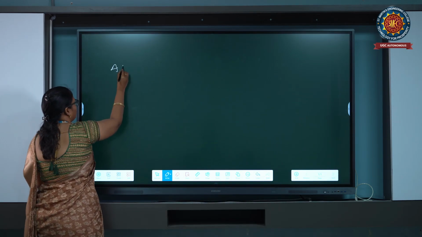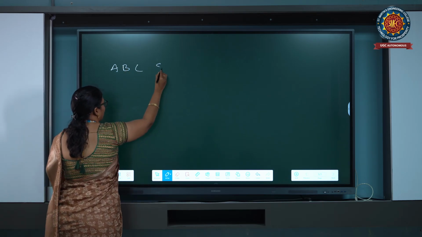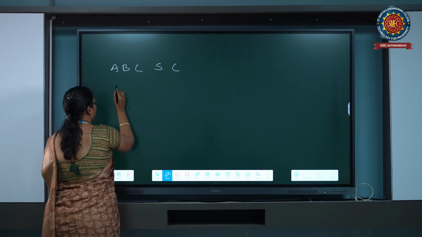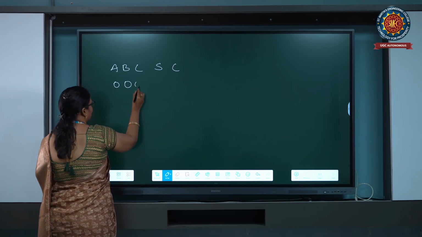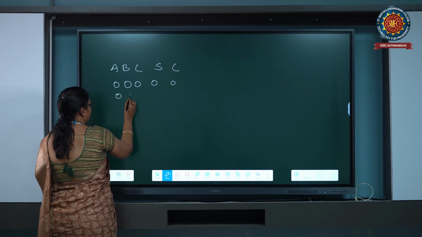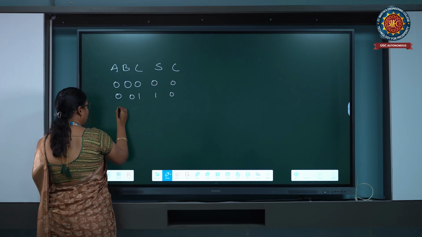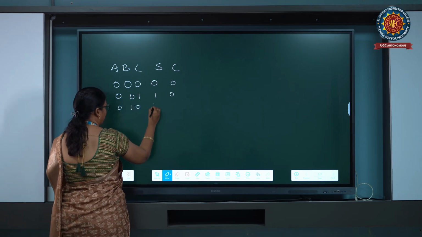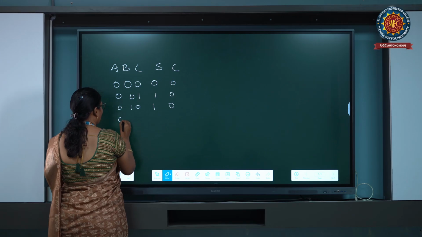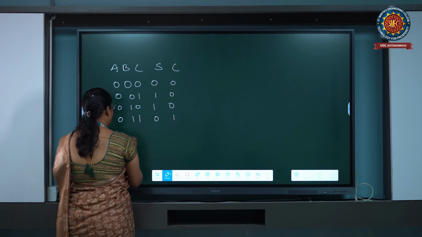If we consider the truth table, the three inputs are A, B, C and the outputs are sum and carry. When it is 0, 0, 0, the sum is 0 and carry is 0. When it is 0, 0, 1, the sum is 1 and carry is 0. 0, 1, 0, the sum is 1 and carry is 0. 0, 1, 1, sum is 0 and carry is 1.